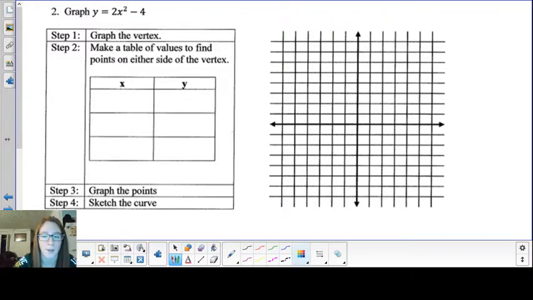So again, let's go ahead and start with doing our vertex and talking about our axis of symmetry. So our vertex is going to be at 0, -4, because it's going to be whatever this guy is. 1, 2, 3, 4. So I'm going to be down here.